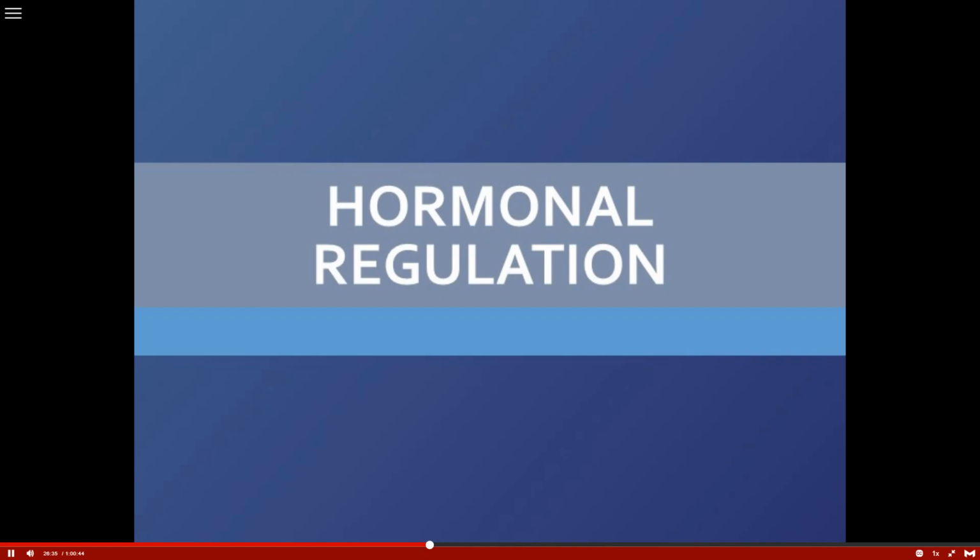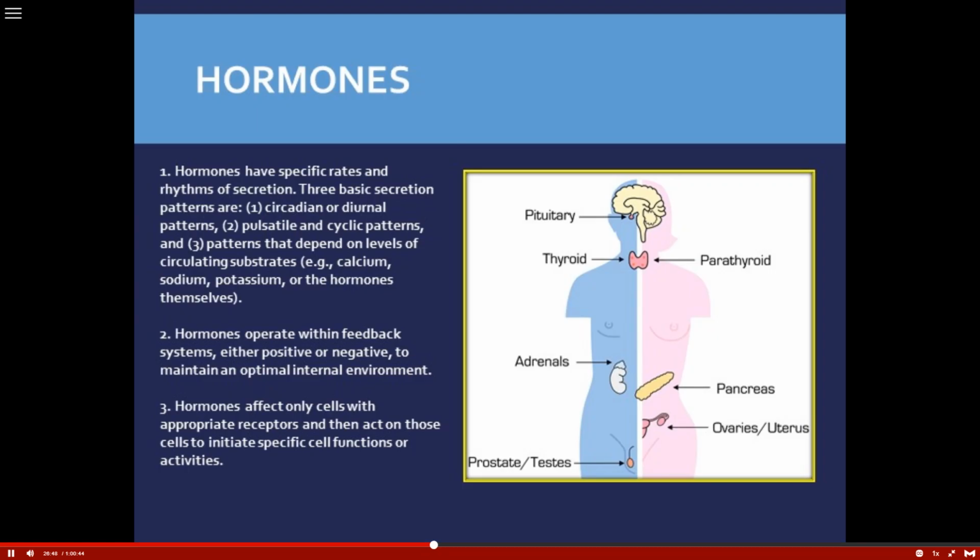So now we're going to go on to hormones. Love hormones. So first of all, when we think about hormones, it's probably best to think about, so what do they do? Well, first of all, hormones have a specific rate and rhythm of secretion.